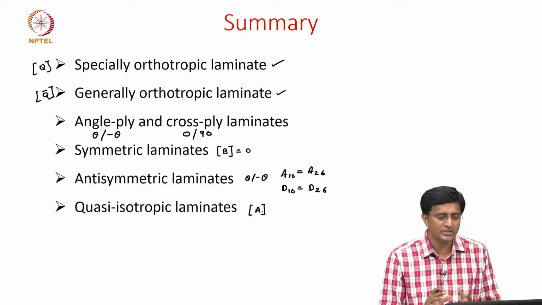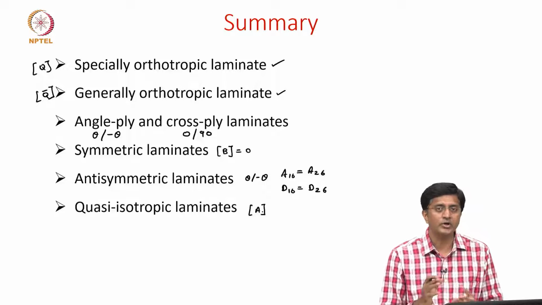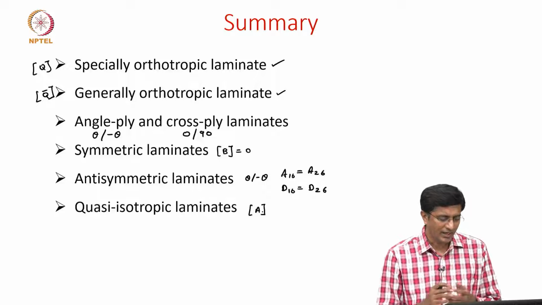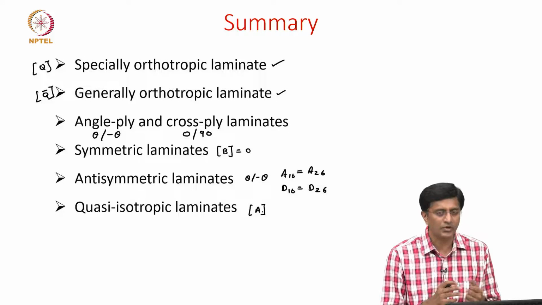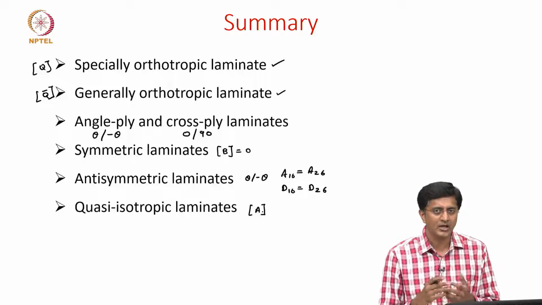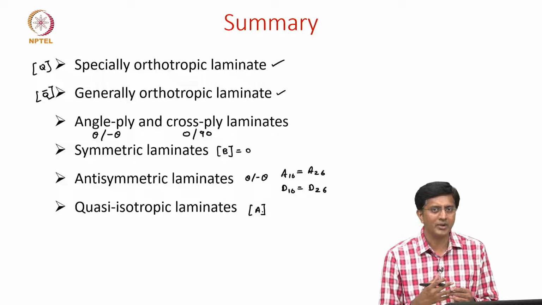So this should summarize the commonly used laminates in the industry. And as we have shown, the reason why sometimes we choose one of these is that some of the couplings are non-existing, and these are of use not just in the analysis but also in manufacturing.